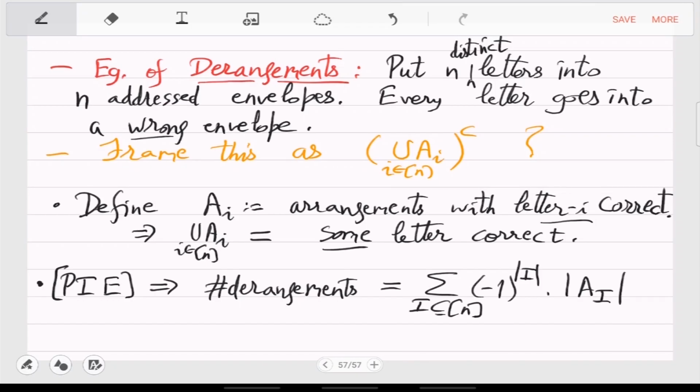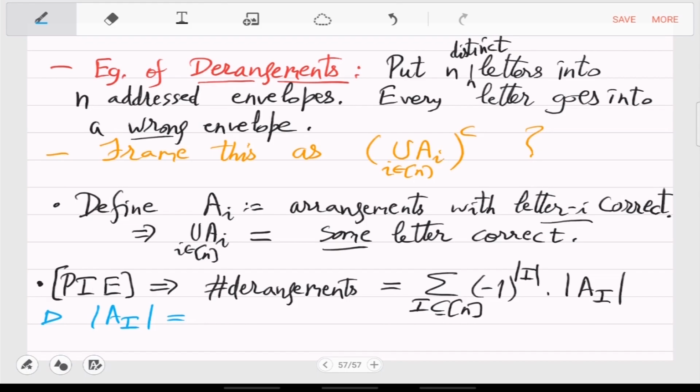So for example, how do you calculate A1 intersection A2? Or before that, how do you calculate the size of A1? How many arrangements are there where one was correctly posted? Yes, so you post one, put it in the first envelope, and then the remaining is arbitrary, (n-1) factorial, right? Similar thing for first and the second letters. First and second, there is only one correct way. You fix that, and after that (n-2) factorial.